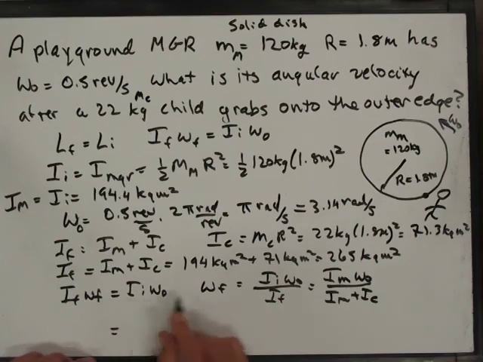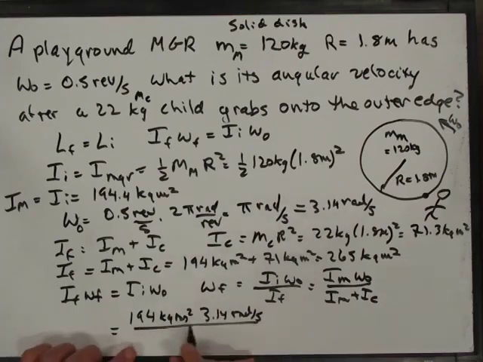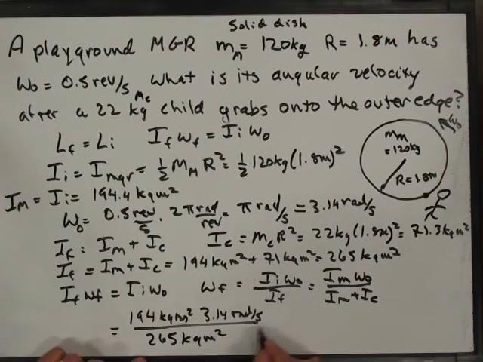And so that's 194.4, I'll just call it 194 kilogram meter squared, times 3.14 radians per second over 194 plus 71, which is about 265 kilogram meter squared.